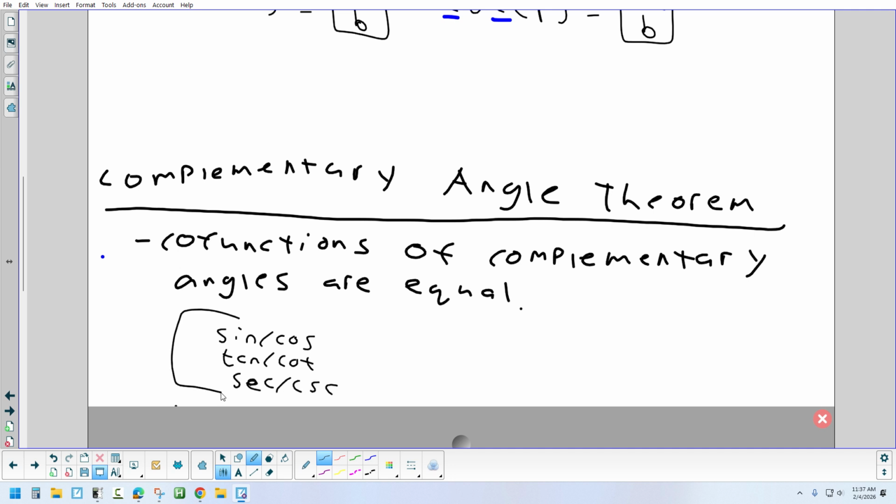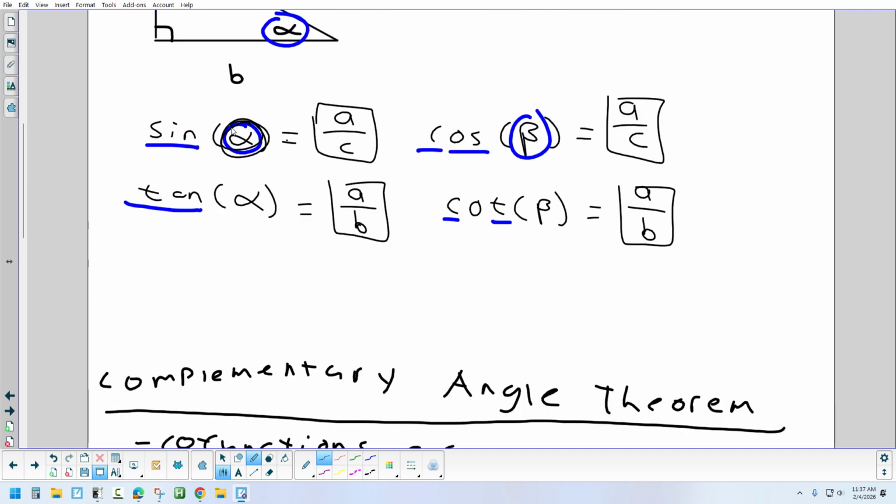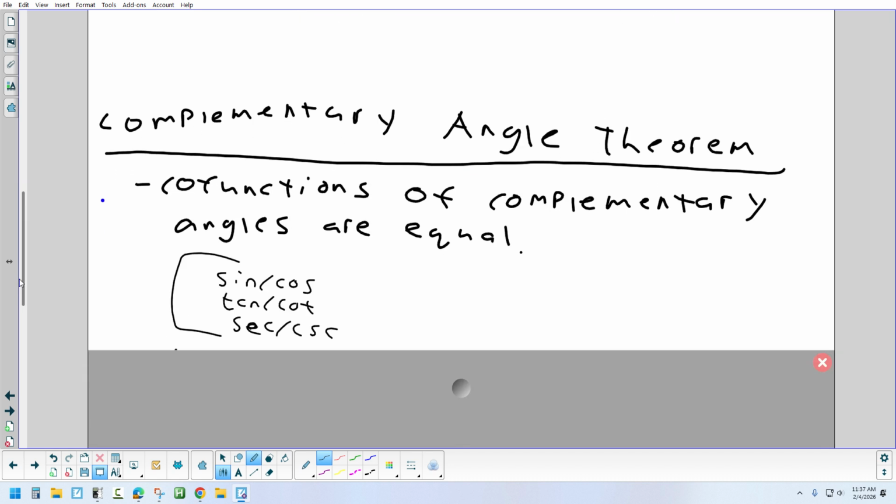These are cofunctions. If you have cofunctions and the angles are complementary to each other, meaning they add up to 90, this angle plus this angle, the answers that you get will always come out the same.